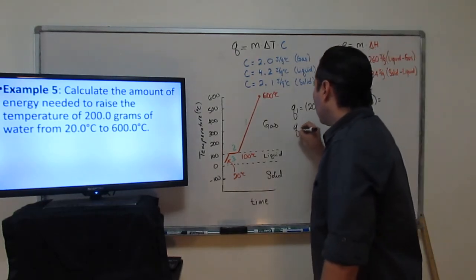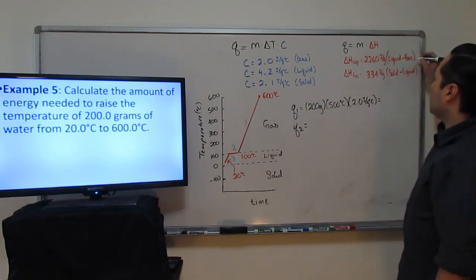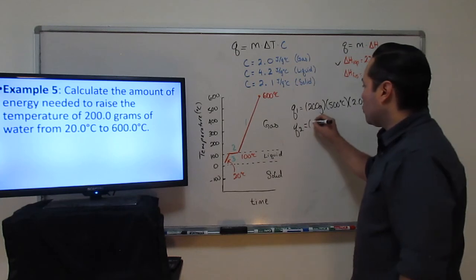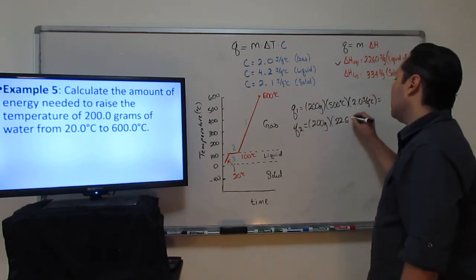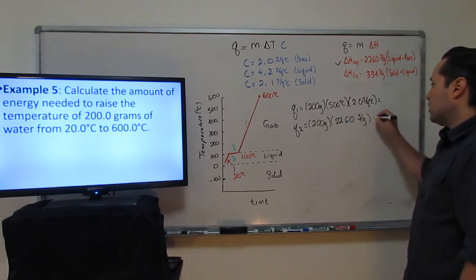For line number 2, it's a flat line between the liquid and the gas, so we use the enthalpy of vaporization: the mass of 200 grams multiplied by 2,260 joules per gram.